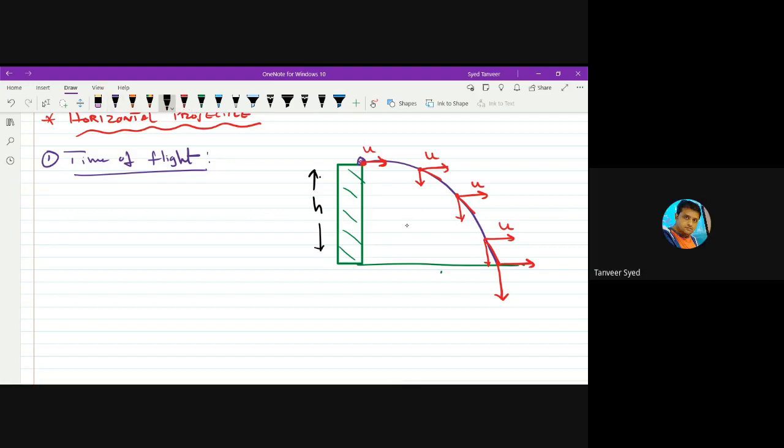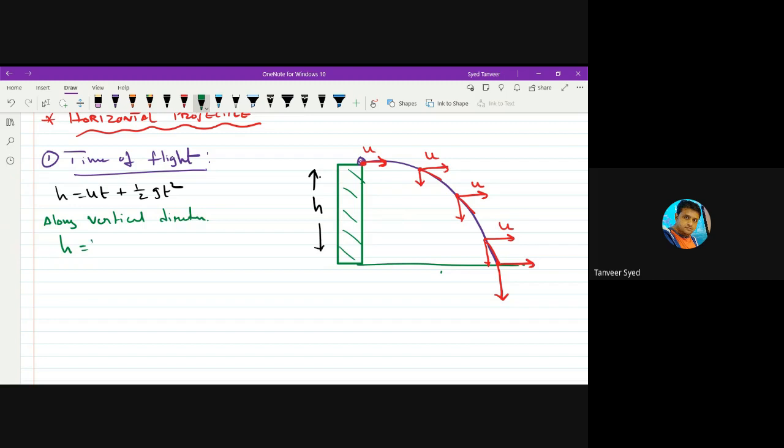To get time of flight, I will apply h equal to ut plus half g t square, along vertical direction. What is h? h is the height of the building. u, which u?